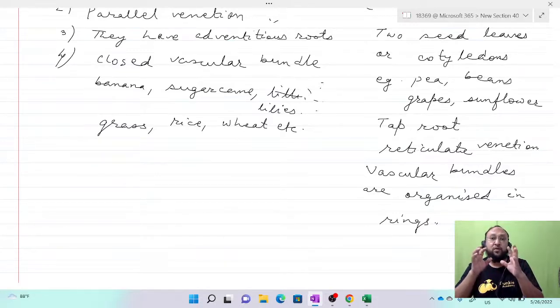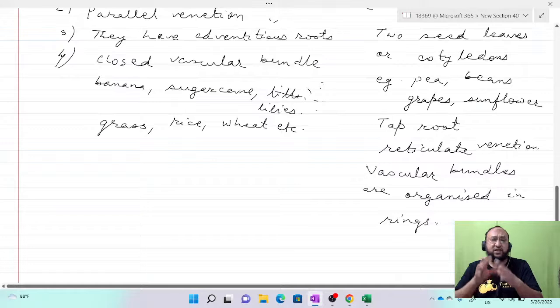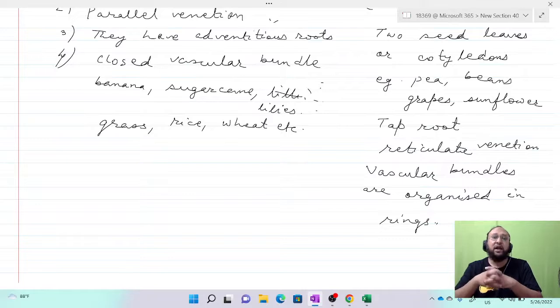So these pteridophytes for the first time formed the roots, stems and leaves, but the vascular system was not much specialized like gymnosperm and angiosperm, and these plants are like examples of fern.